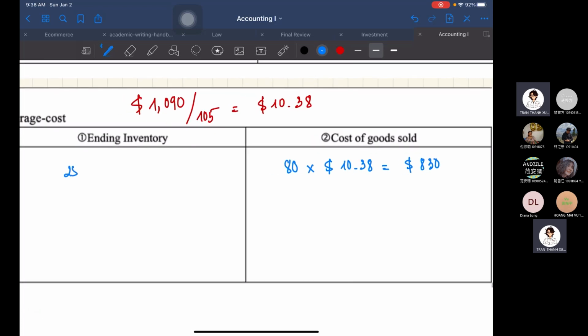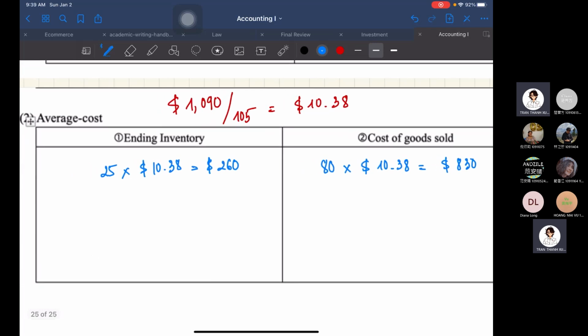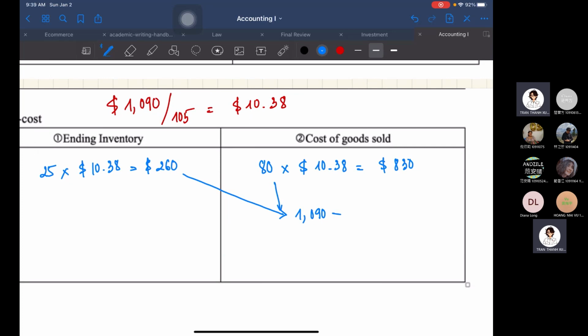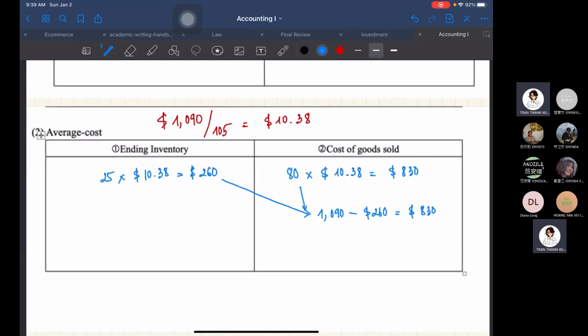And for the other side, 25 times 10.38, we have 260. We also double check: take 1090 minus 260, then it will equal 830. Okay.